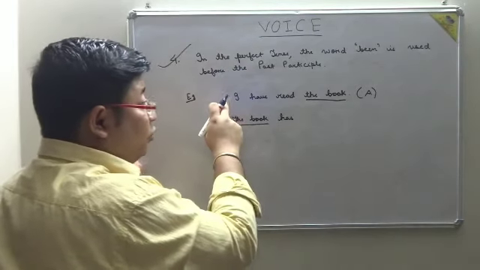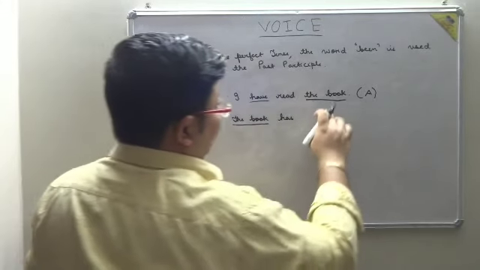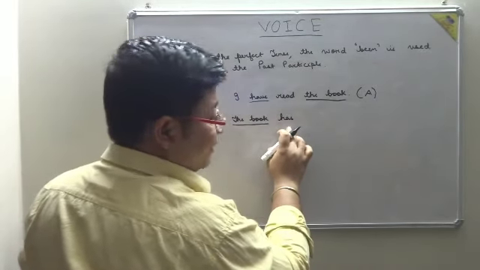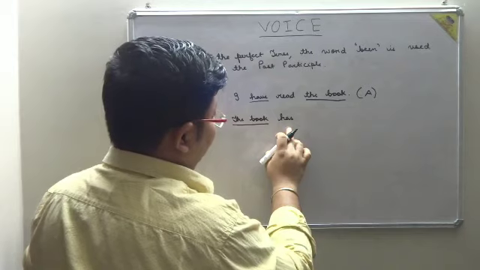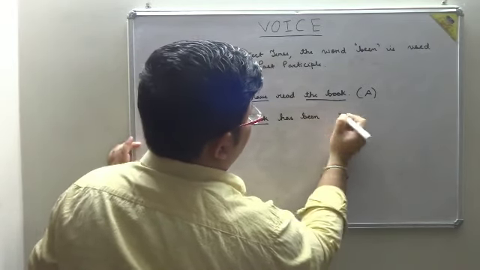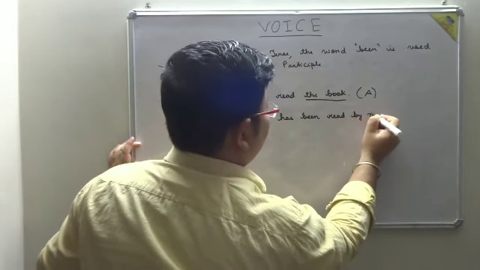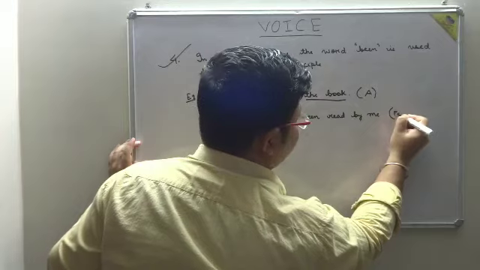When I wrote I, then have will come. When I am writing the book, has will come. Okay. The book has been read by me. This is the passive voice.